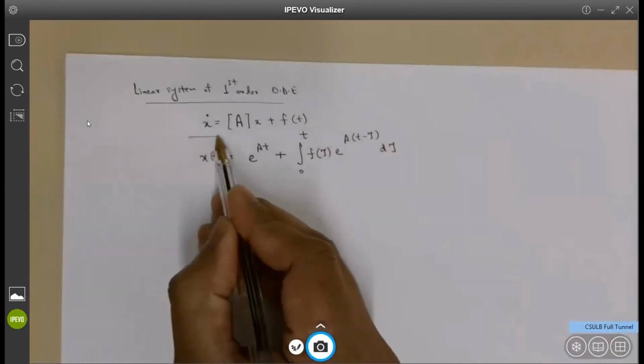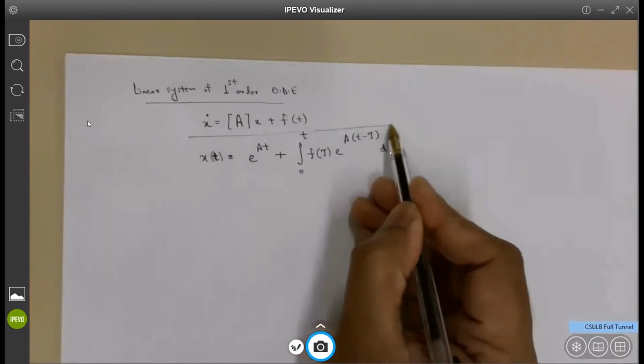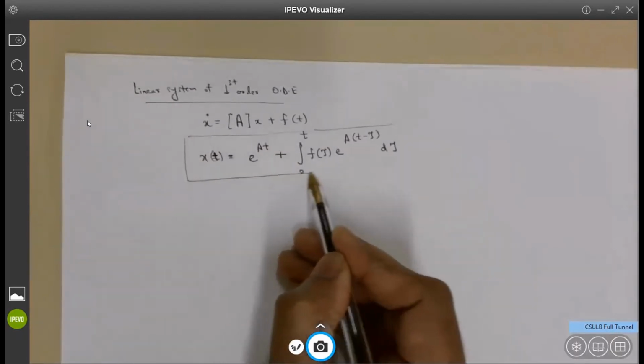This is the general solution for a linear system of first order ODE.